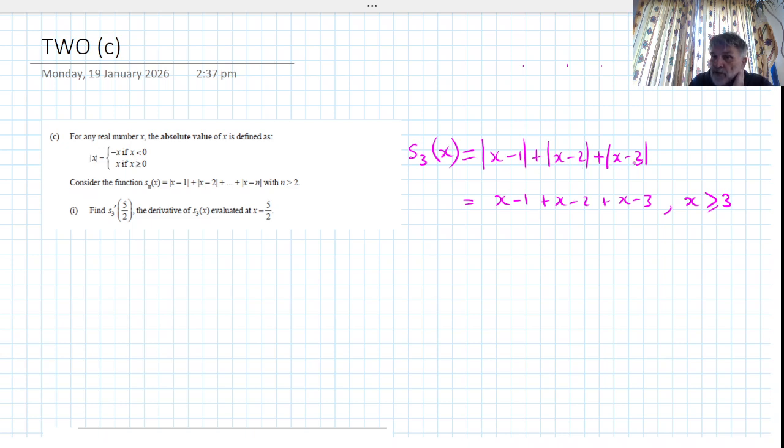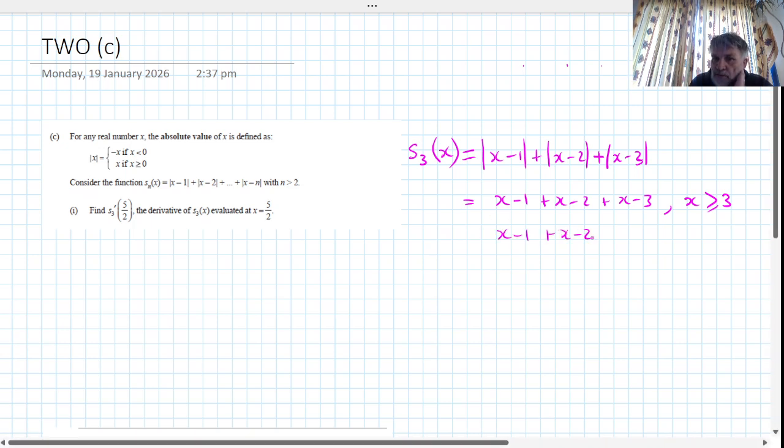If we're between 2 and 3, then these two terms will be positive, but the one inside the absolute value will be negative, and so negating it, you'll get 3 minus x instead. So you get x minus 1 plus x minus 2 plus, instead of x minus 3, 3 minus x, and that's for 2 less than or equal to x less than 3.